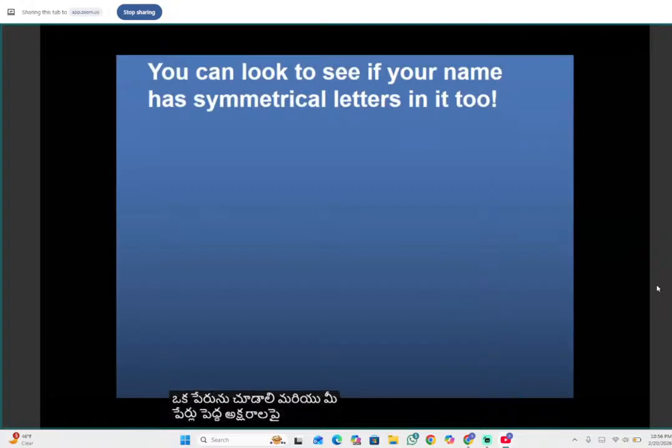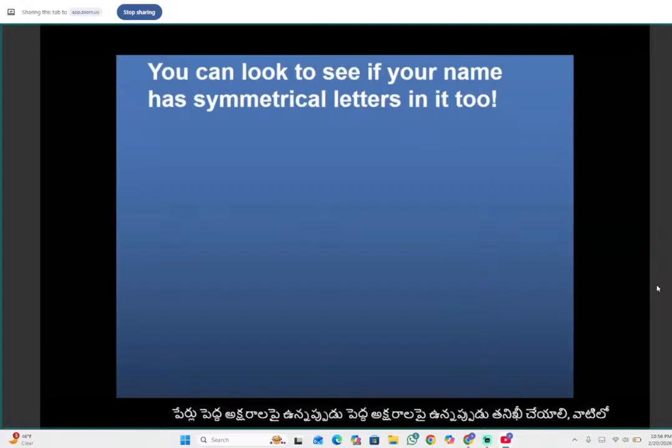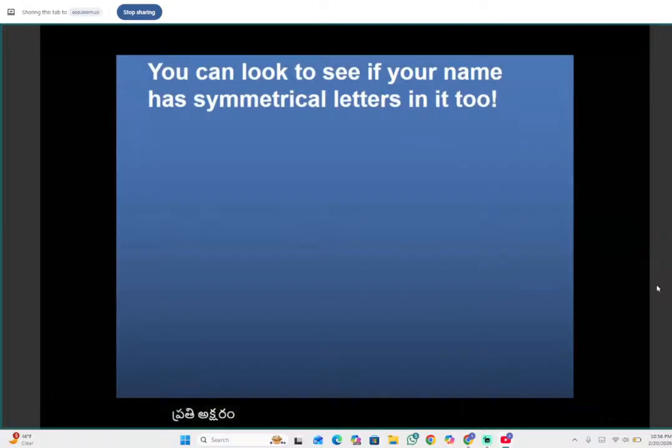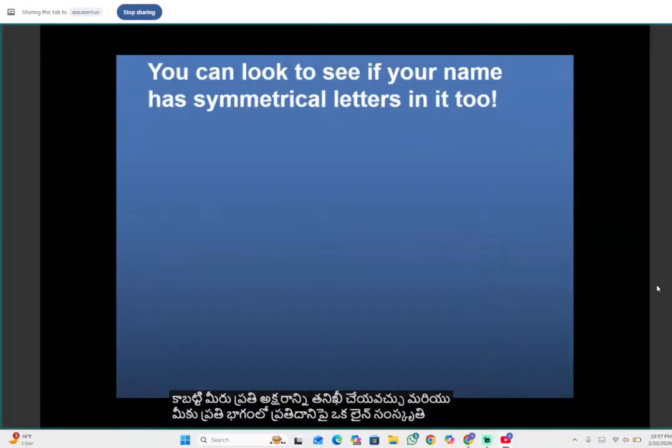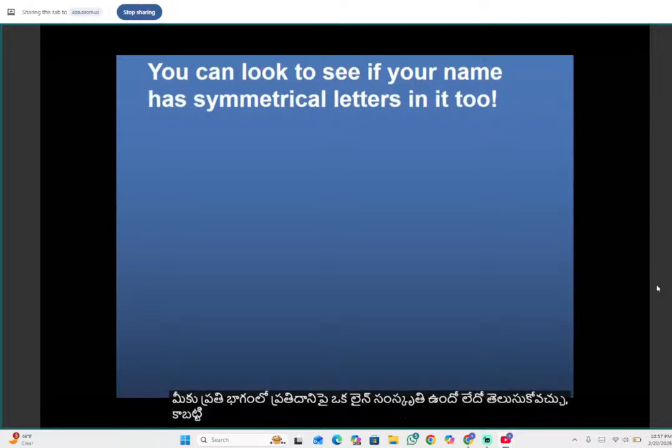When your names are in capital letters, does each letter have a line of symmetry? Okay, you can look to see if your name has symmetrical letters in it too. So you can check each letter and find out if you have got a line of symmetry on each part.